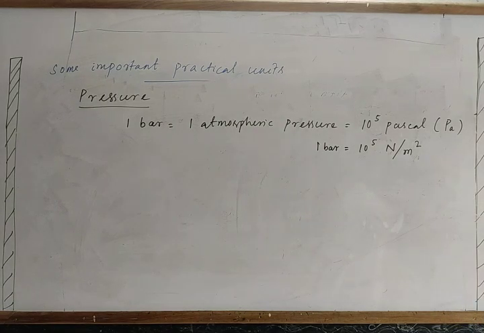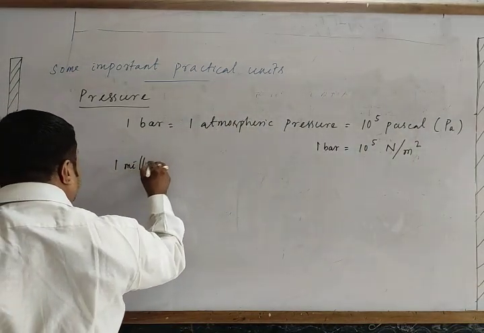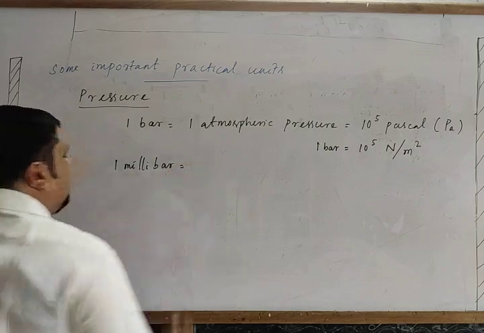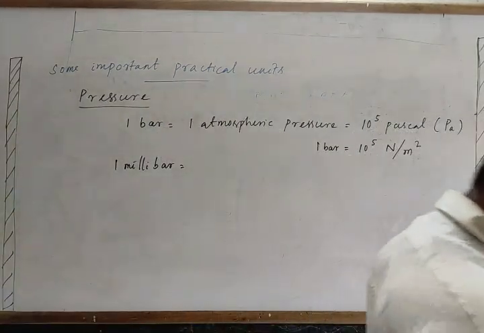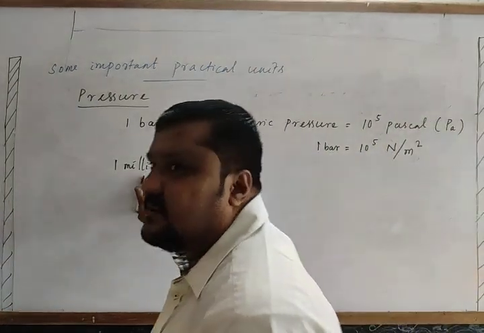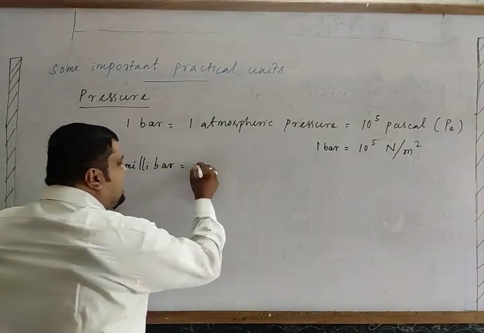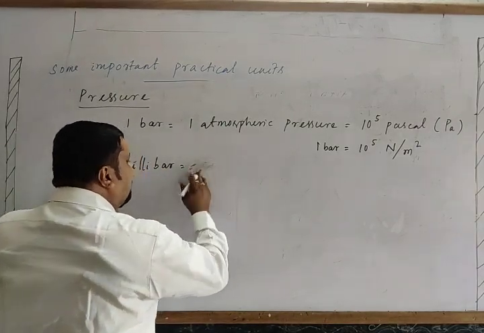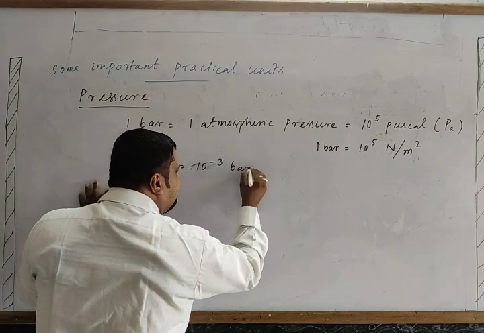Similarly, 1 millibar. What is that 1 millibar? If you make that calculation in pressure, milli is 10 to the power minus 3, so 1 millibar is 10 to the power minus 3 bar.